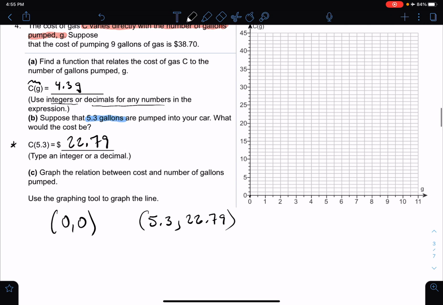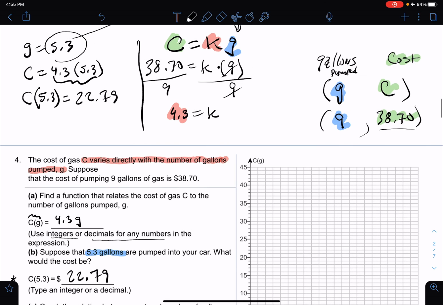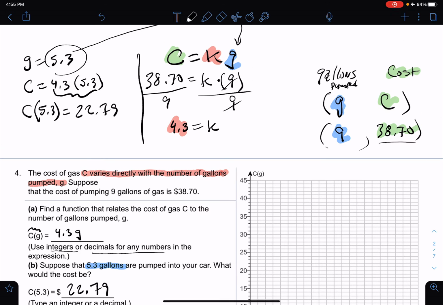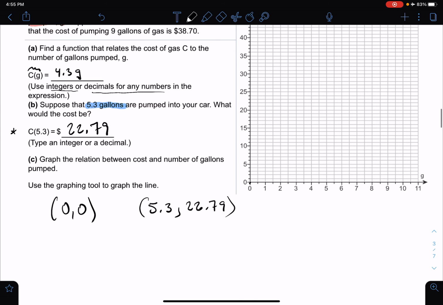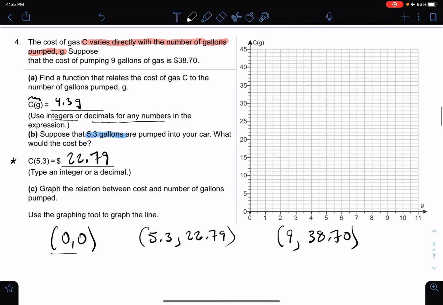We had another one from the beginning: they told us way back at the beginning that 9 gallons cost $38.70. And so these are nice whole numbers, right? 0, 0.